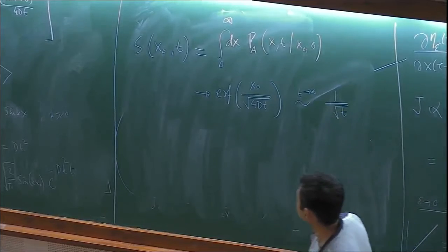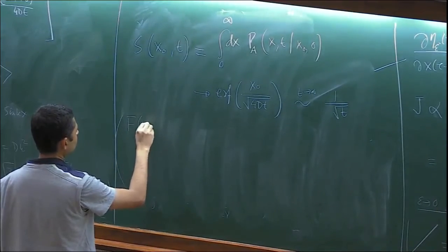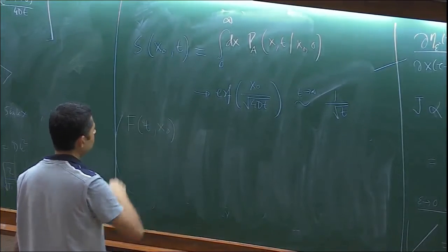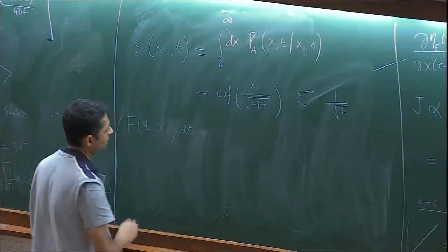Okay. Then the first passage probability, let's call it, is a function of t given x0. So what is this probability?